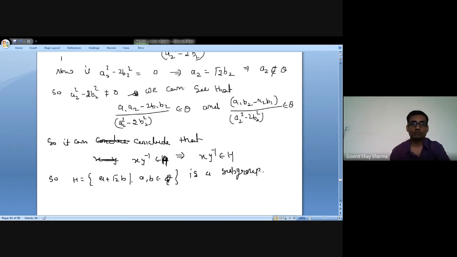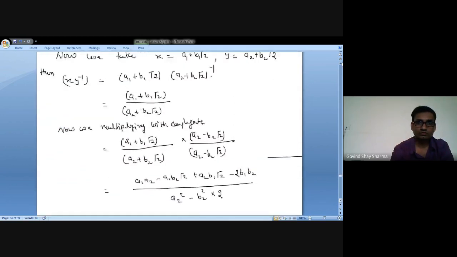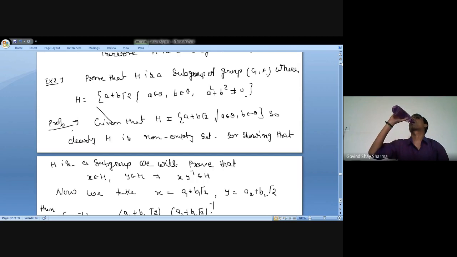Yes. So again I can explain it. Prove that H is a subgroup of G, where H is equal to a plus b root 2, a belongs to rational numbers and b belongs to rational numbers. Given that H is equal to this, that means a and b belong to Q, so it can never be empty.